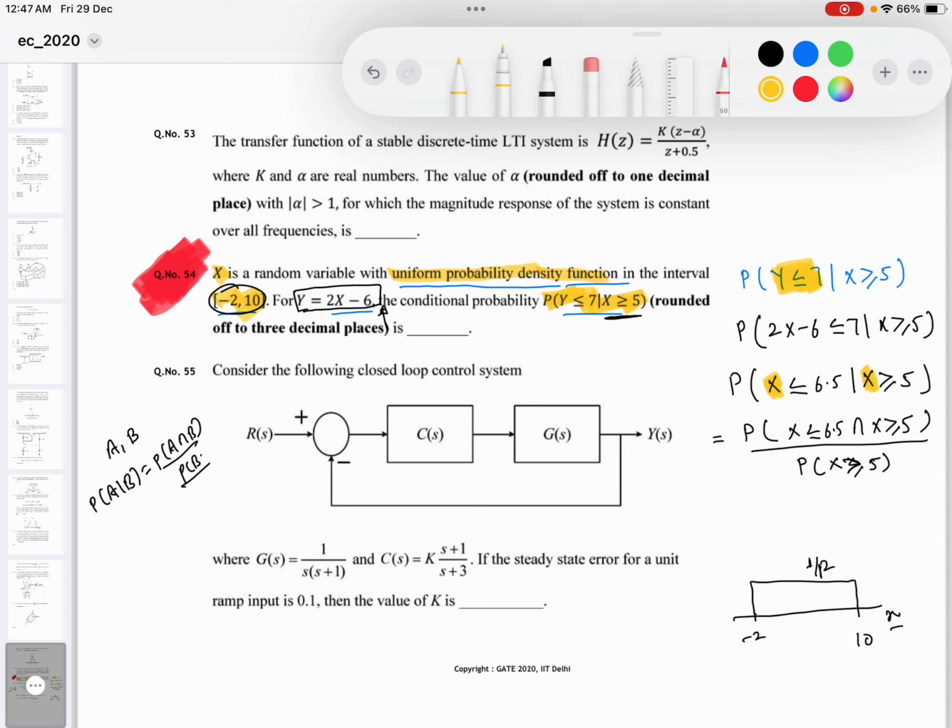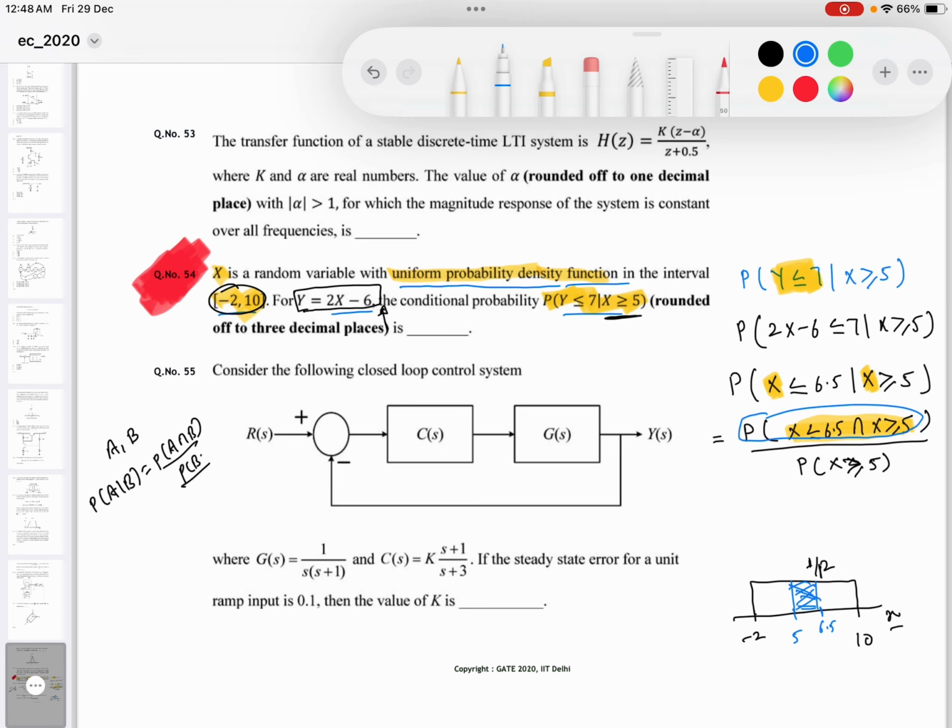So if you look at this intersection term, what does it mean? That x is greater than 5 and less than 6.5. So if you mark here, maybe 6.5 will be somewhere here, and greater than 5, so x is greater than 5 and less than 6.5. So this is the region, and if you calculate the area of this region, you will get the probability of this event, right?